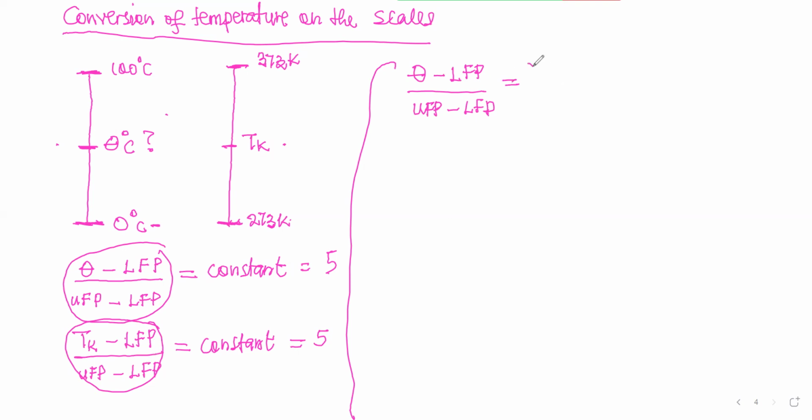So TK minus the lower fixed point on the Kelvin scale divided by the upper fixed point on the Kelvin scale minus the lower fixed point on it. So no matter the scale, this must be constant.